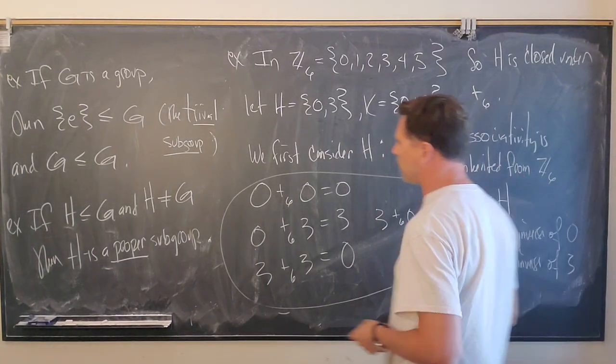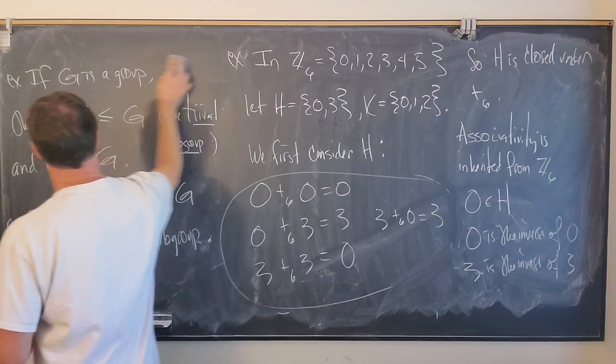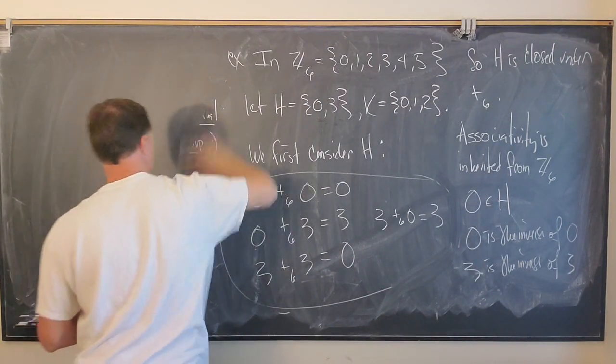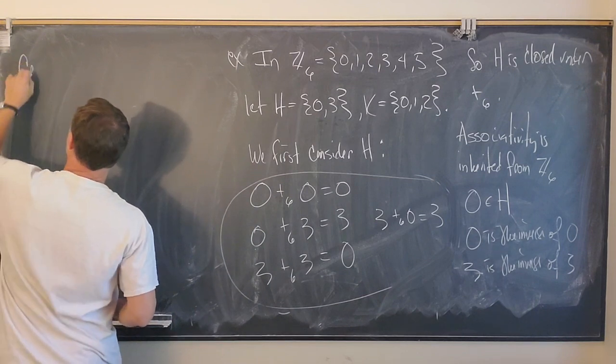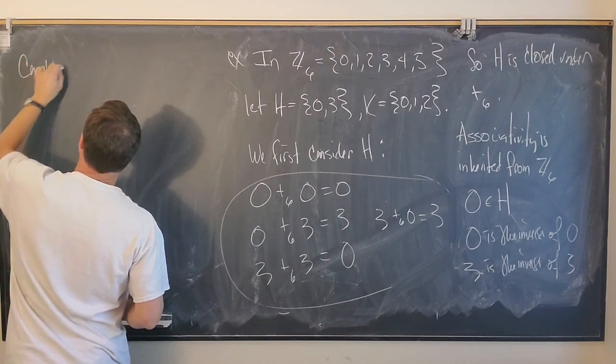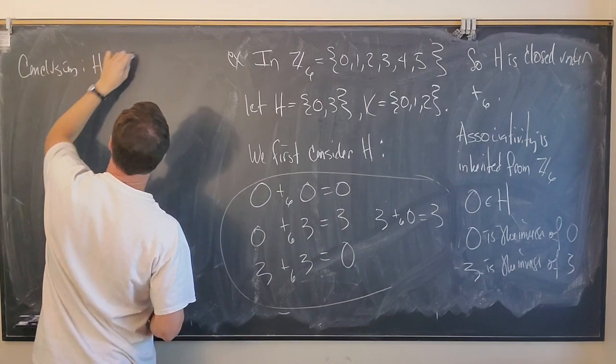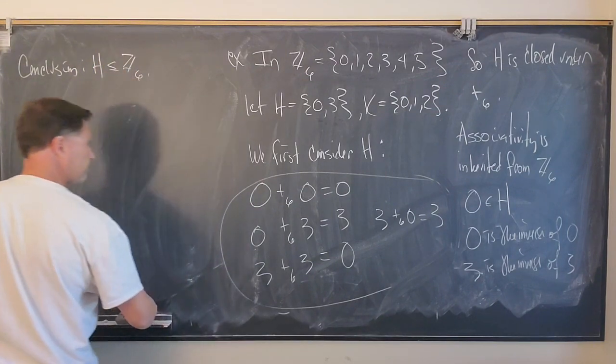So each element there is its own inverse. The conclusion then is that H is a subgroup of Z6.